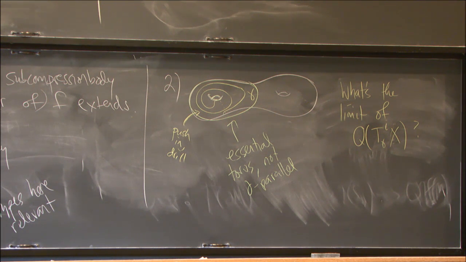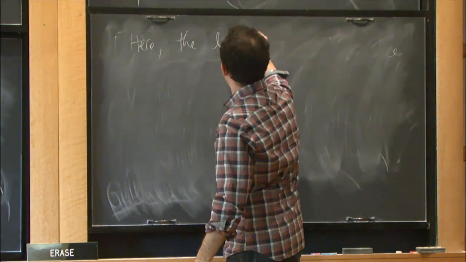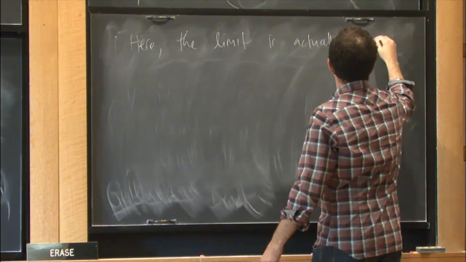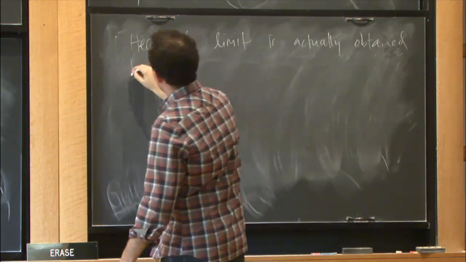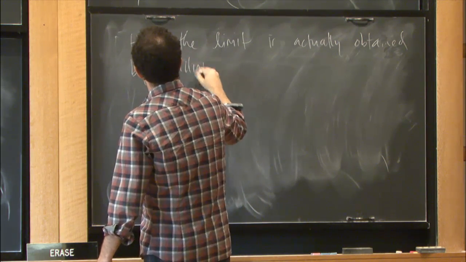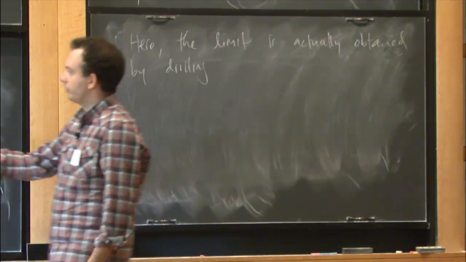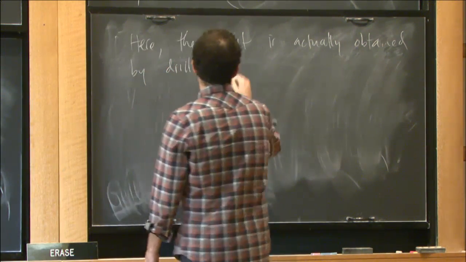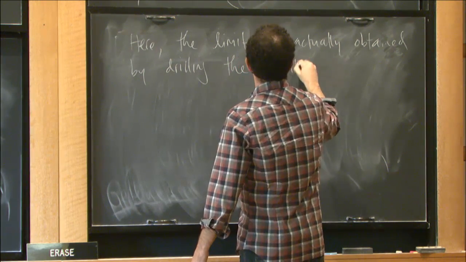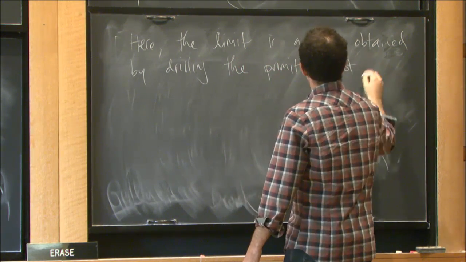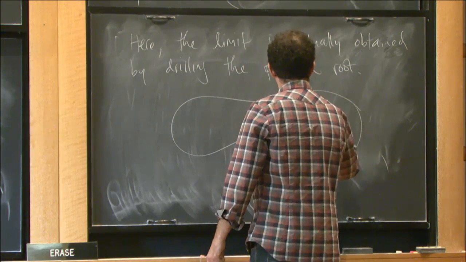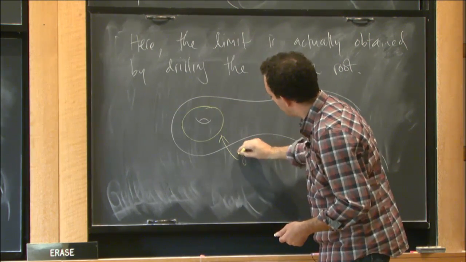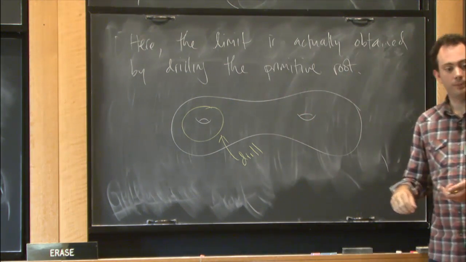So here, the limit is actually obtained by drilling the core curve that's the primitive root of this curve here. So now, okay.